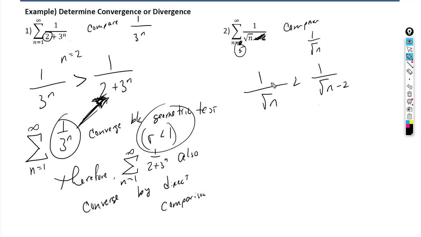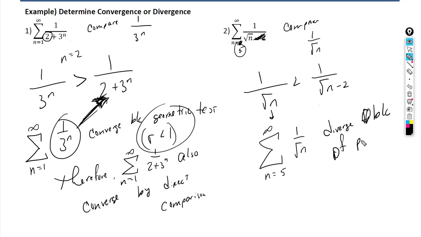Okay, so I want to compare this function. This is my new function, from n equals 5 to infinity of 1 over root n. Well, this is going to diverge. From the last video, it's going to diverge because of the p-series test, because p is equal to a half, and therefore that's less than or equal to 1.